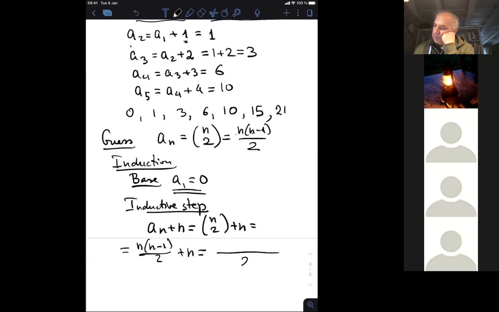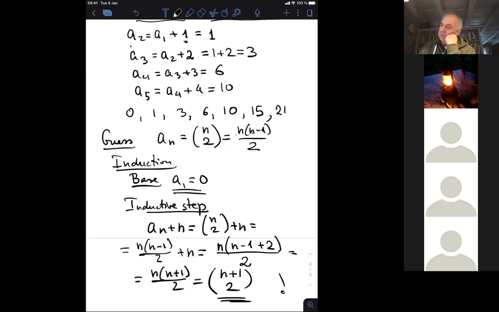If we write this with a common denominator and factor out n, we get n times n minus 1 plus 2. Totally we get n times n plus 1 divided by 2, which is exactly n plus 1 choose 2. So we're good. So, for example, a sequence of binomial coefficients can be obtained by a linear non-homogeneous recurrence of order 2. Quite simple.